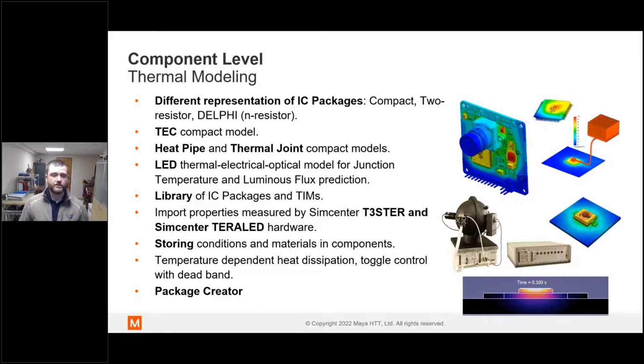And then as I just showed, we also have the fully detailed Package Creator. We also have explicit models for TEC compacts, a TEC compact model, heat pipes, thermal joints, as well as even LED components where we can look at maximum junction temperature and predict luminous flux.